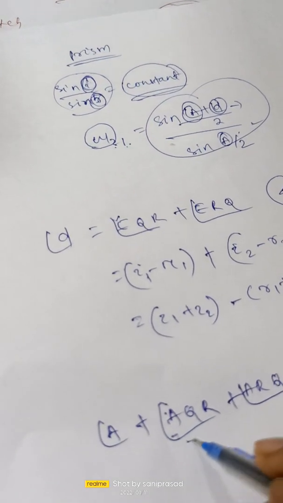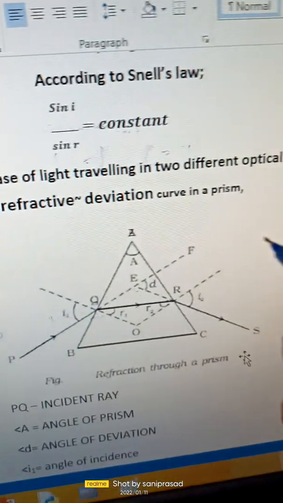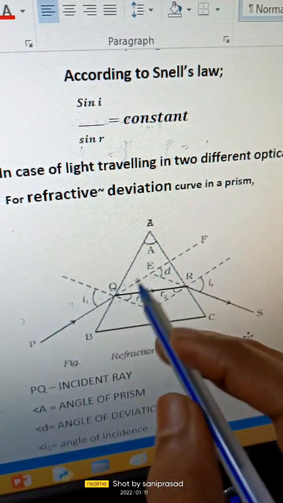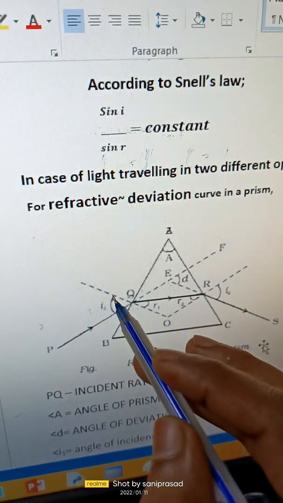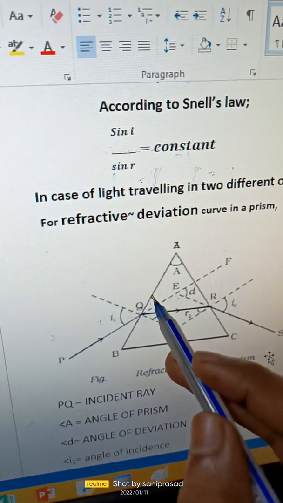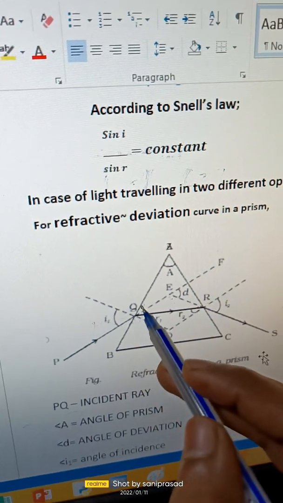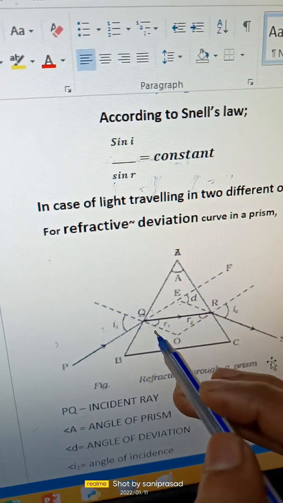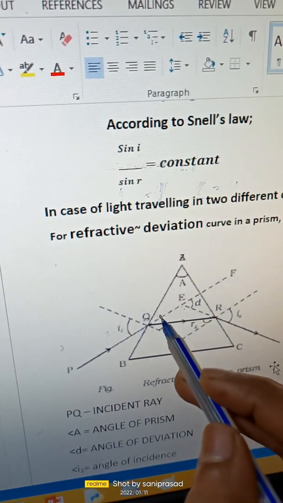So what will be AQR and ARQ? Let's find out. Look, this is a normal. Normal to the surface is perpendicular, so the total will be 90 degrees.